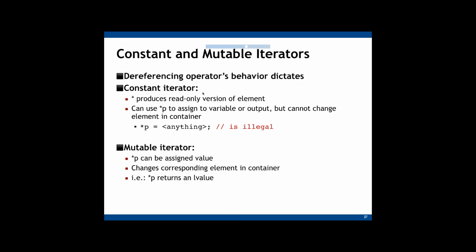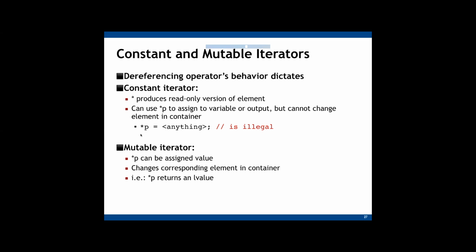If the dereferencing operator returns a read-only version of the elements, then they are constant iterators. Because it is read-only, you cannot change the value of the element using the dereferencing operator. So this one is illegal for the constant iterator. You cannot update the element values using this dereferencing operator.